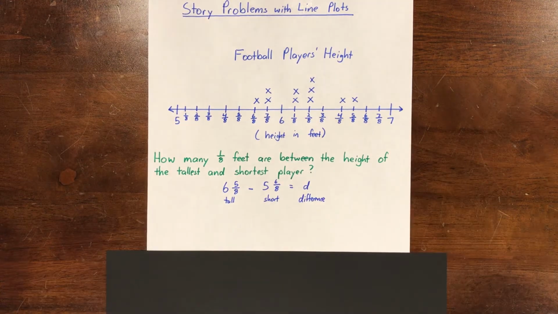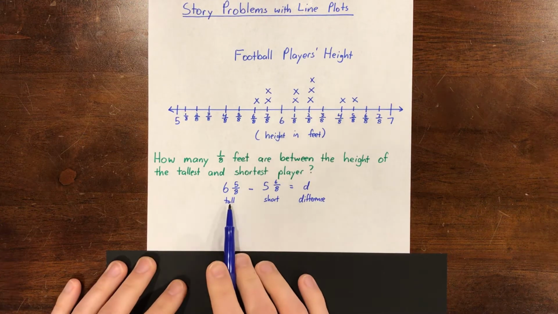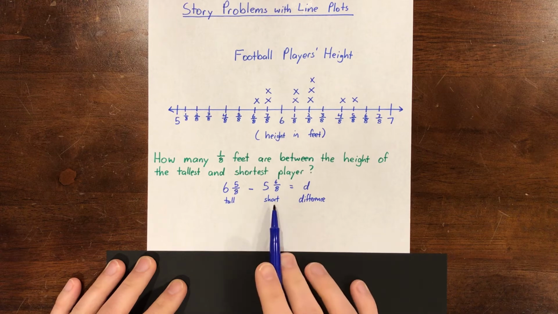Great. Okay. So I'm wondering, how did you know that 6 and 5/8 was the tallest player height and 5 and 6/8 was the shortest player height? Say it out loud.